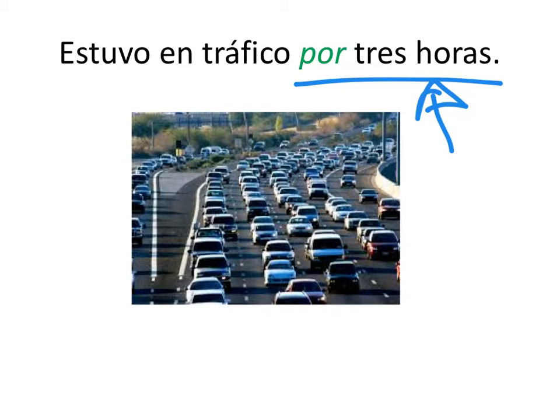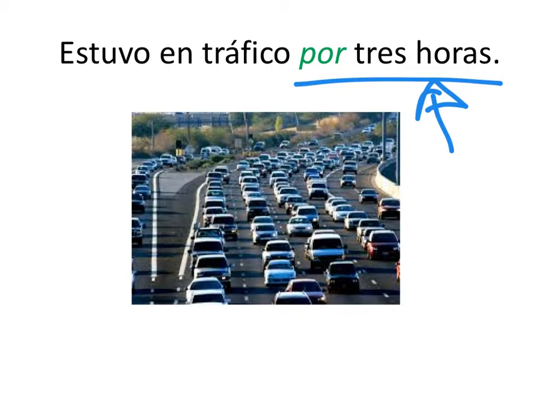And por is used when we have any period of time, any time of reference of time. 2 minutos, or 5 días, or 6 semanas, or un mes, or 4 años. Whatever period of time, a duration of time, is when we use por. Okay? So your context clue is a number plus some sort of reference of time. ¿Entienden?